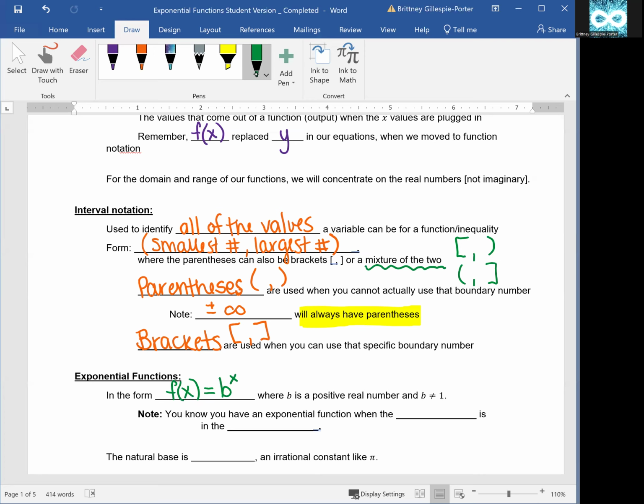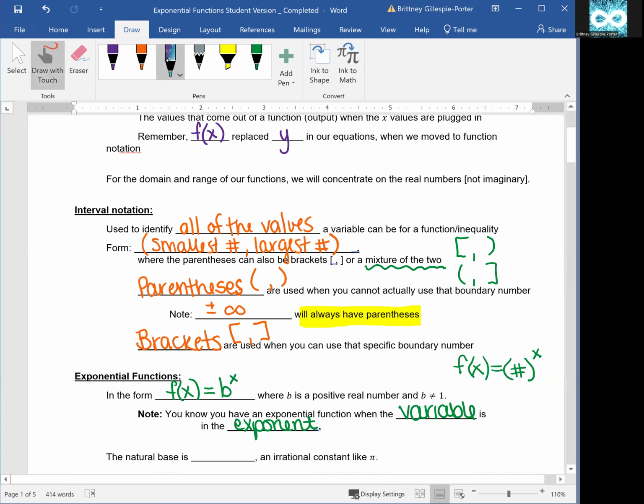You know that you have an exponential function when the variable is in the exponent. Okay, so another way to look at f of x, if you're getting confused about the b for the base, it is just some number, some constant to the x. Our variable is being held hostage in the exponent.